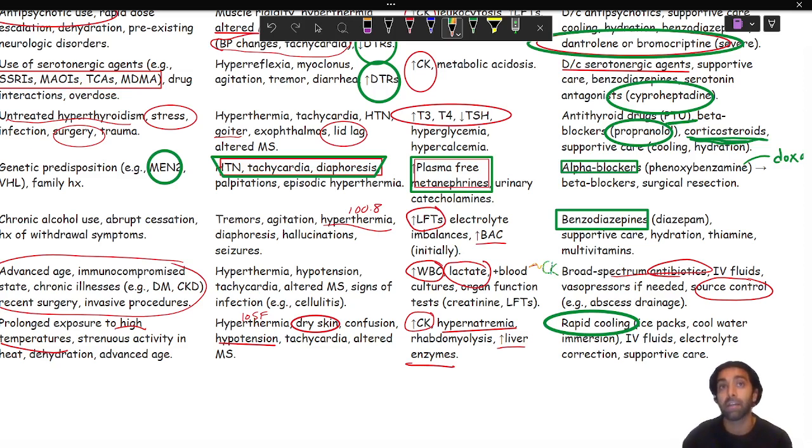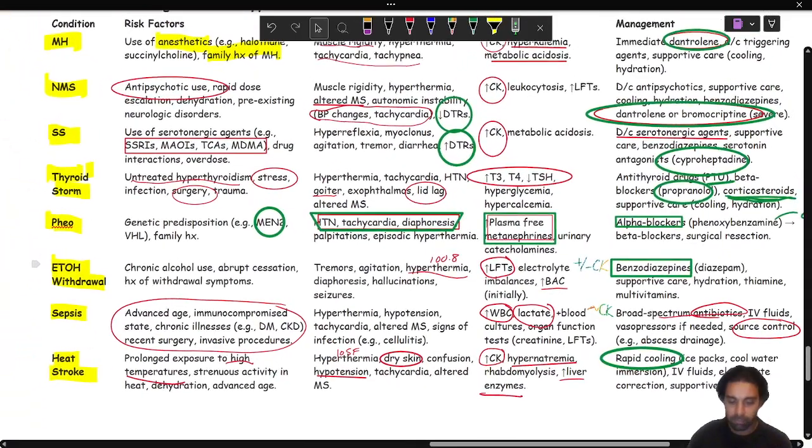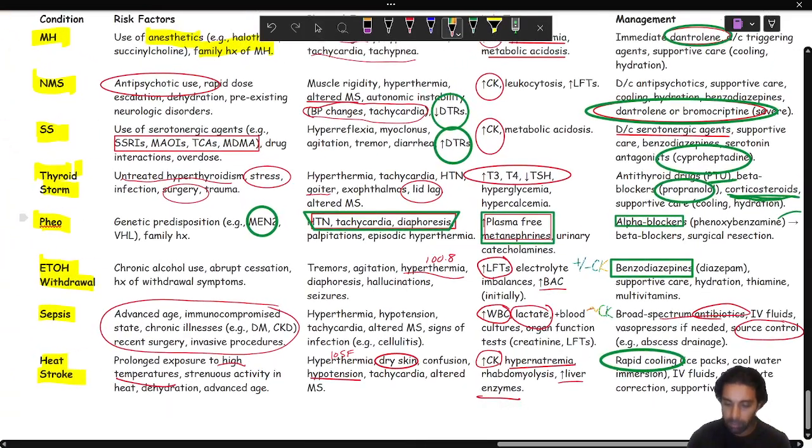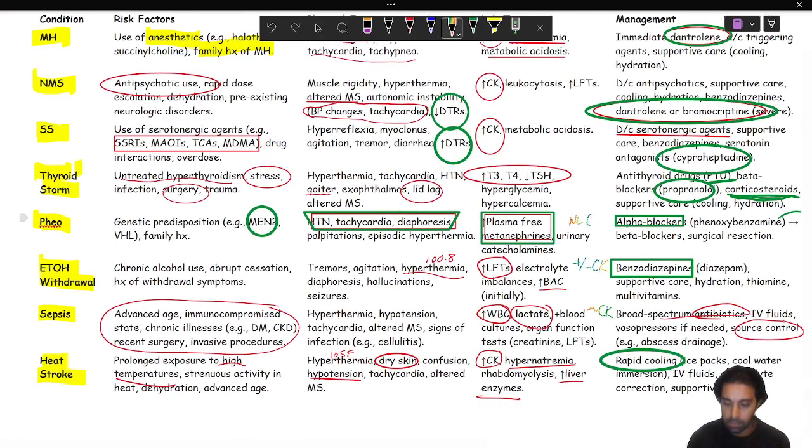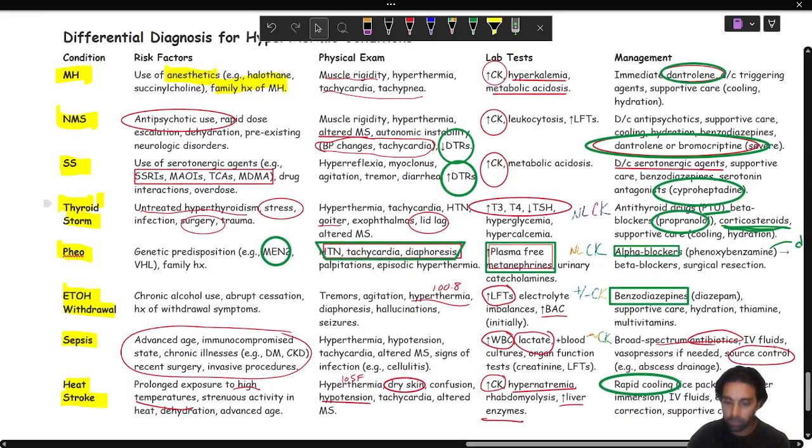If they've had seizure, that's different, right? So this could be plus minus. But with sepsis, probably going to have a normal CK. And then with thyroid storm, usually you have a normal CK. Okay? I just wanted to make that clear.